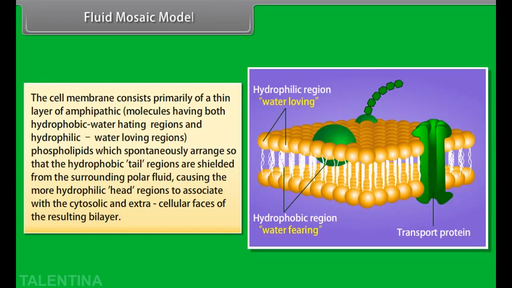The cell membrane consists primarily of a thin layer of amphipathic molecules having both hydrophobic, water-hating, and hydrophilic, water-loving, regions. Phospholipids spontaneously arrange so that the hydrophobic tail regions are shielded from the surrounding polar fluid, causing the more hydrophilic head regions to associate with the cytosolic and extracellular phases of the resulting bilayer.